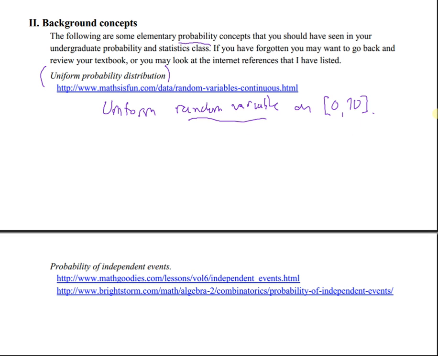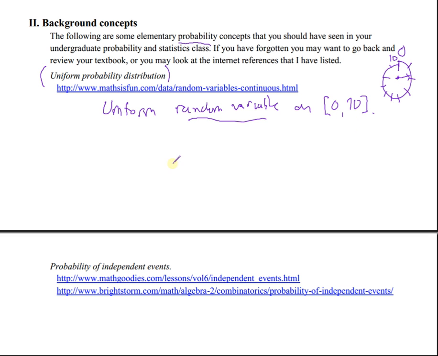Suppose I have a spinner, and the spinner is labeled with numbers from 0 up to 10. Okay, 0, 1, 2, 3, 4, 5, 6, 7, 8, 9, 10. And I spin the spinner, and I have some kind of outcome. Now, it's clear that any number in this case is equally likely. So this is a uniform random variable on the interval from 0 to 10.